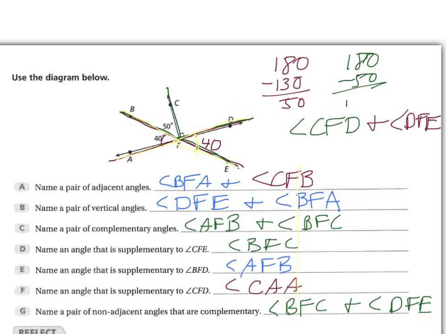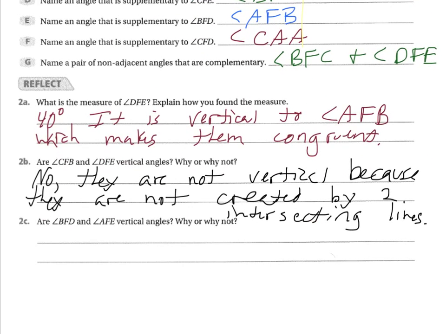BFD is right here, and AFE is right here. Are those angles vertical? They are vertical because they are formed by these two intersecting lines. So my answer to that would be yes.